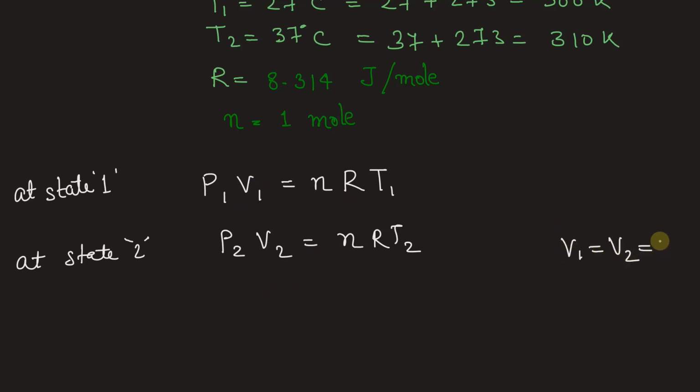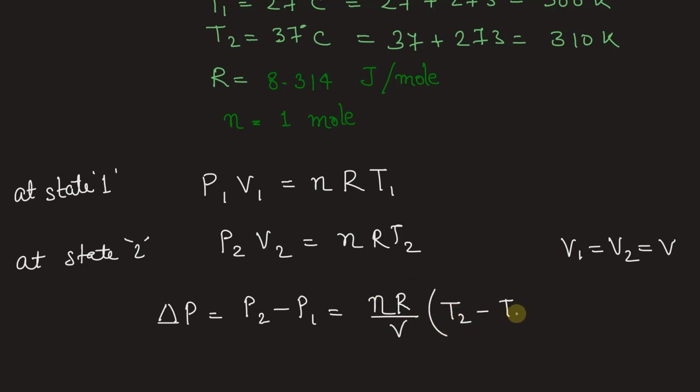Let's say this is equal to V, and that is 1 meter cube. Now we need to calculate the pressure difference, delta P, which is equal to P2 minus P1. See, n, R and V are all constant, so we can take them outside, nR by V, and in the bracket we'll have T2 minus T1.